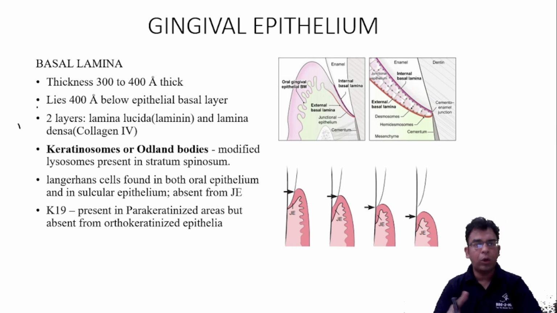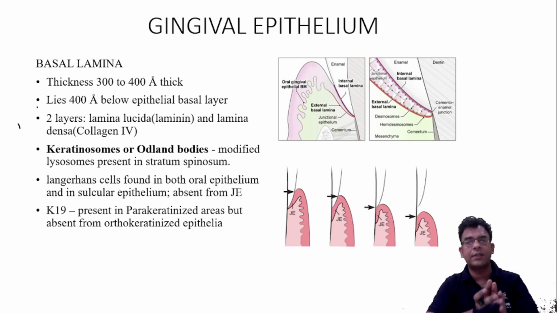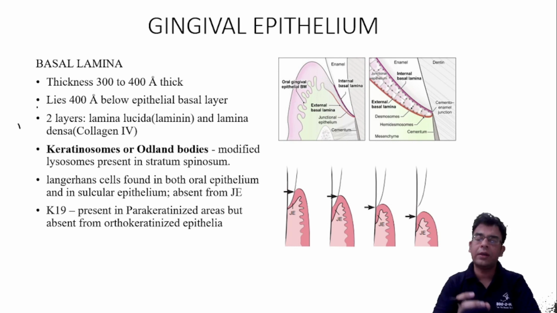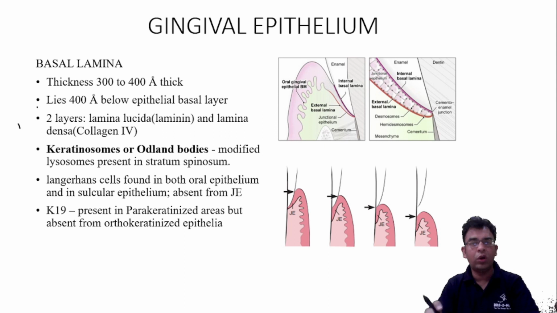Like then about what is absent in junctional epithelium and where is circular epithelium not found, like keratinosomes, they are the modified lysosomes present in stratum spinosum. Langerhans cells, very, very important, they are absent from junctional epithelium. Then all the types of keratins, K6, K16, K1, K2, K10, 11, 12.